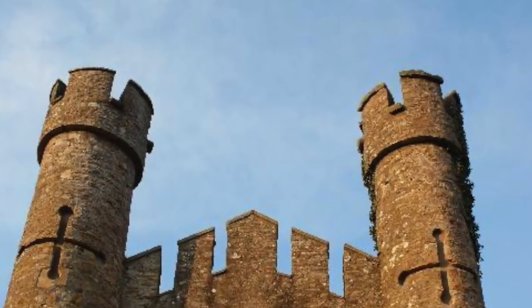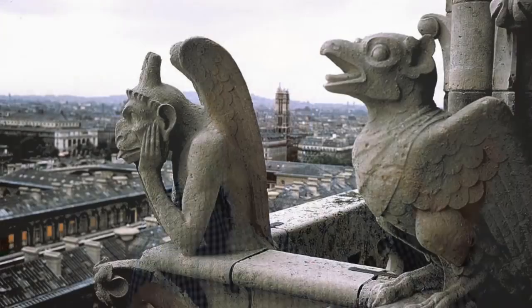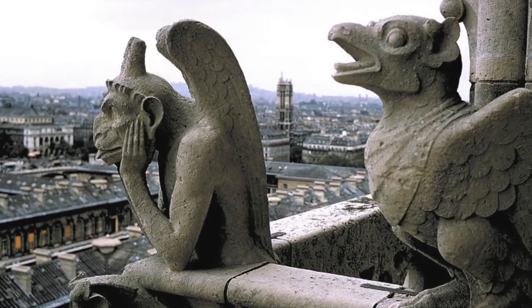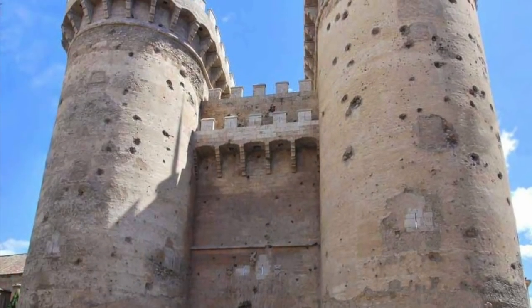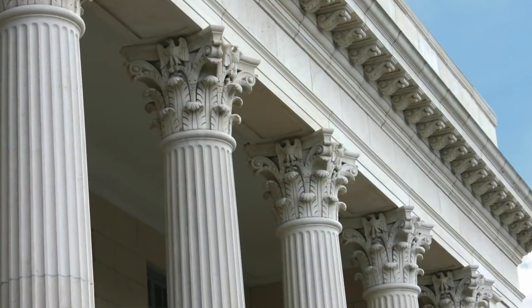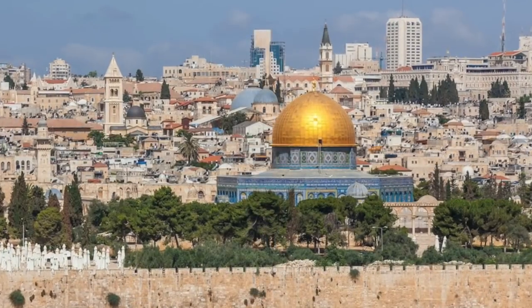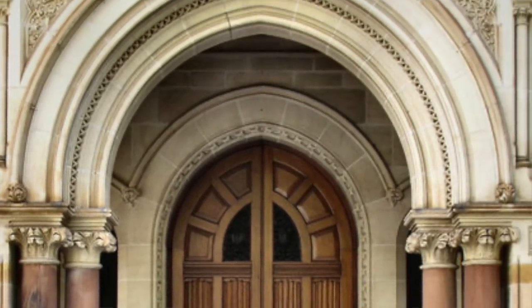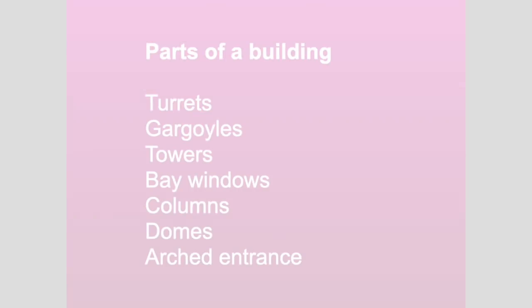You could talk about the turrets, those are the towers, the gargoyles, lovely, the towers, bay windows, quite common, the columns, the domes, and very commonly you have arched entrances. All of these are interesting decorative details.